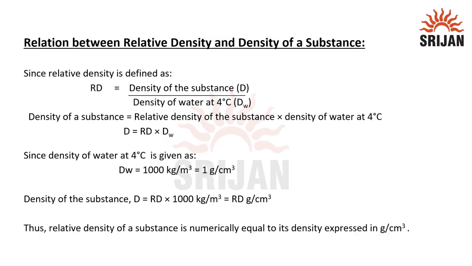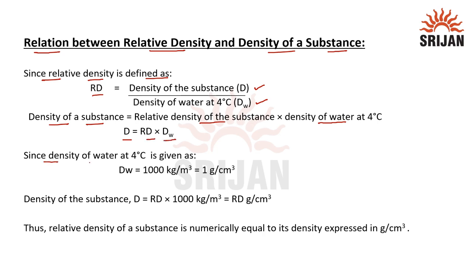Moving ahead, let's understand the relation between relative density and density of a substance. Since relative density is defined as Rd is equal to density of substance D divided by density of water at 4 degrees Celsius dW, the density of substance will be equal to relative density of the substance into density of water at 4 degrees Celsius, that is density of the substance D is equal to Rd into dW.